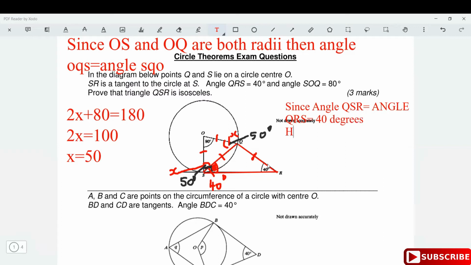Hence you're telling them the length QS is equal to the length of QR, and so triangle QSR is isosceles.